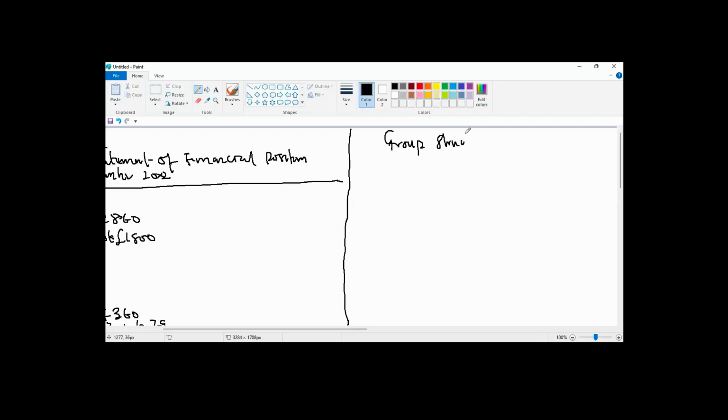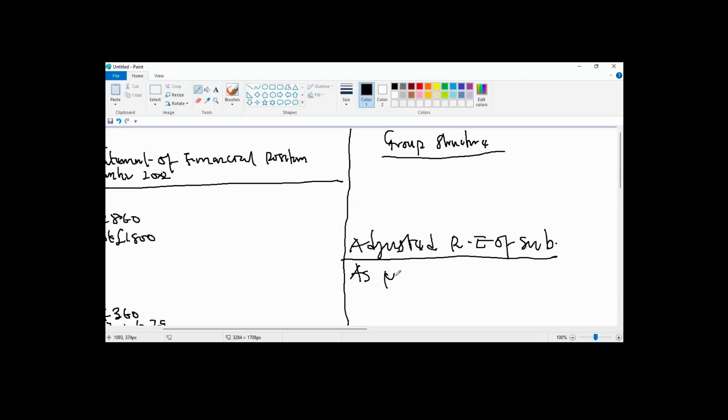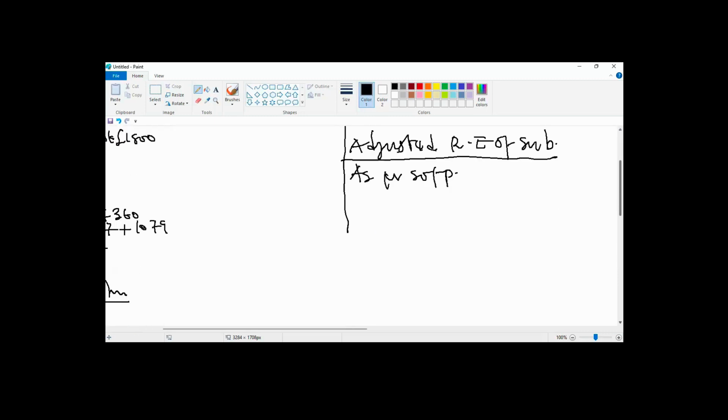Group structure. The second one is adjusted retained earnings of subsidiary as per SOFP. Next, after that, determination of net assets.